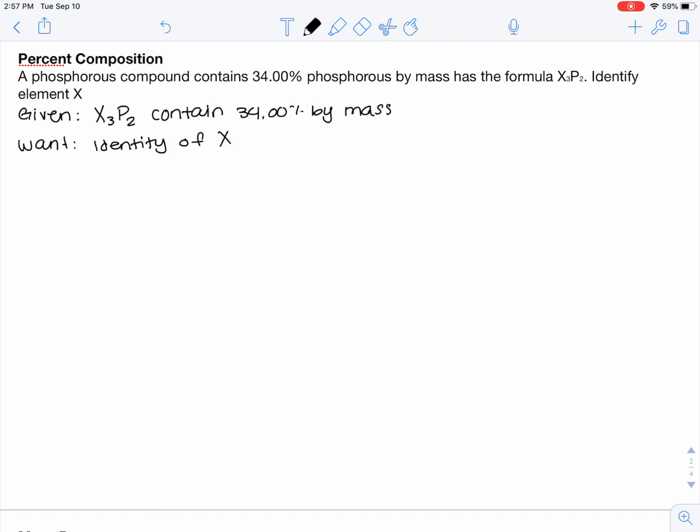So how do we figure out what an element is on the periodic table? We know we have mass, so we can figure out the molar mass of X to then identify it.